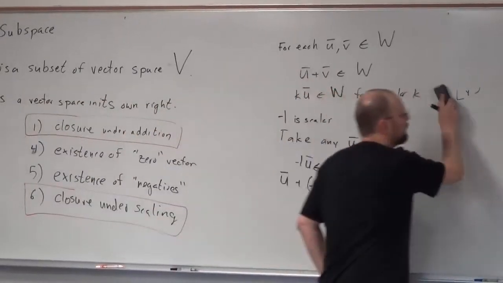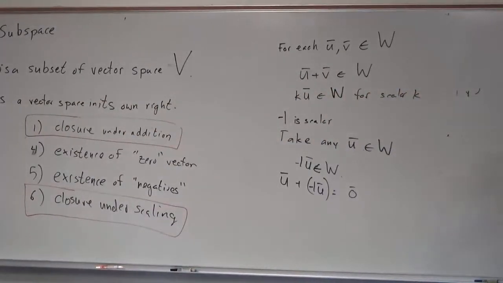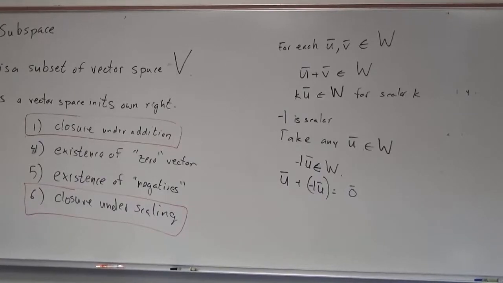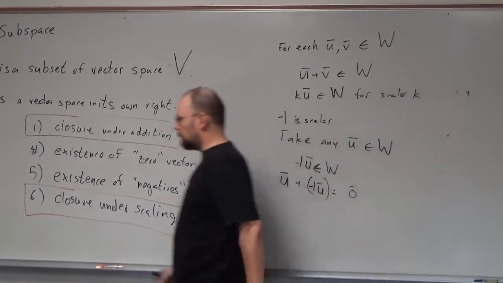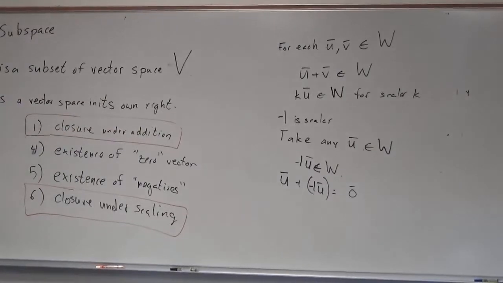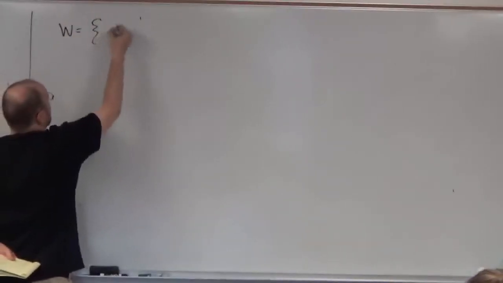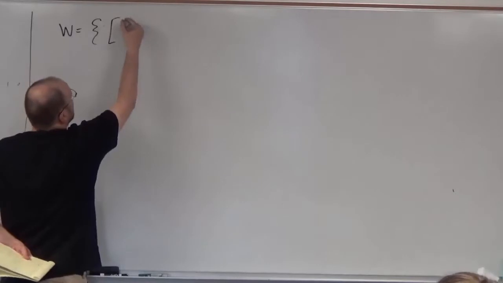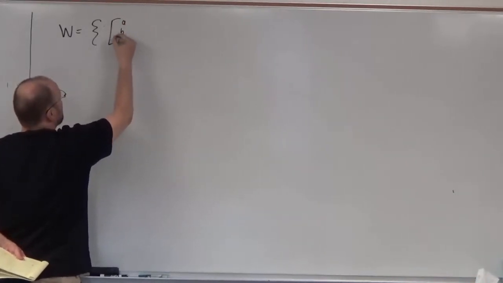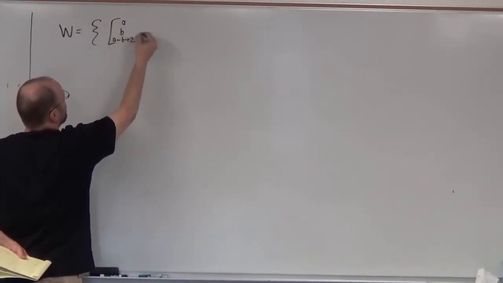So let's look at a couple of sets which are not subspaces. So consider the set of all vectors that look like, let's say, A, B, and then A minus B plus 2.